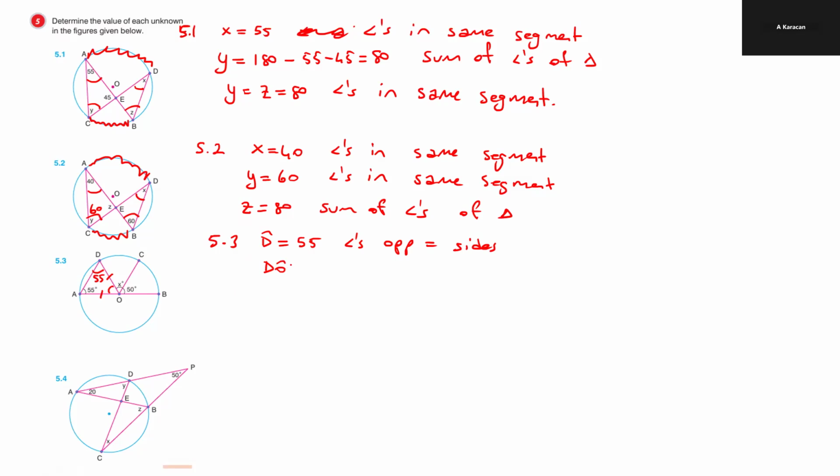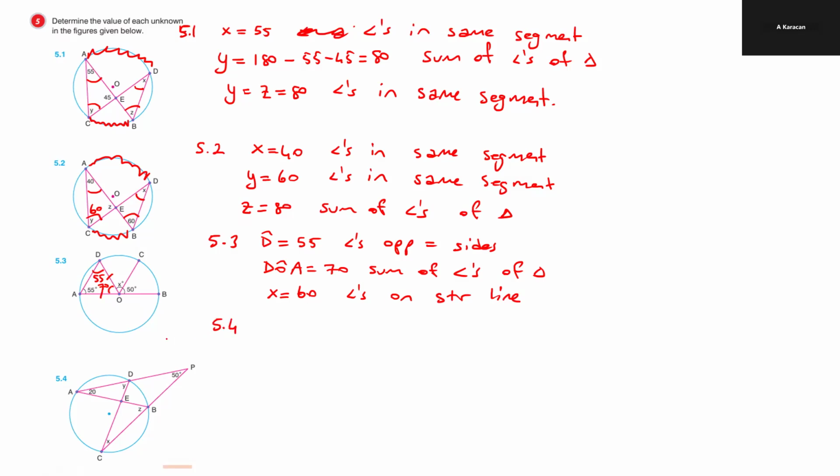So DOA will be equal to 70. Reason is sum of angles of triangle. After you get this part 70, then x will be equal to 180 minus 120, which is 60. Y, angles on straight line.